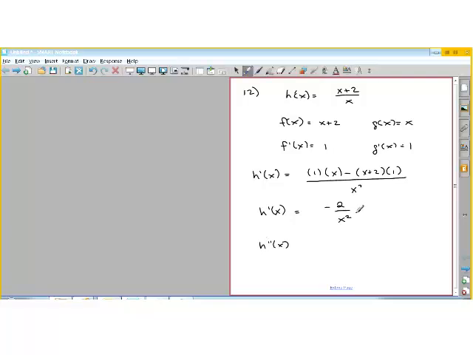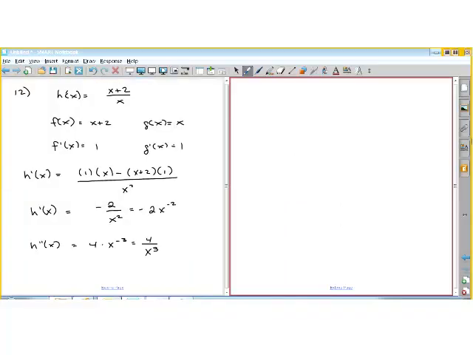Let's go ahead and take the second derivative while we're doing it. That's actually pretty easy because I can rewrite this as -2 times x to the minus 2 power. So the positive exponent in the denominator becomes a negative exponent in the numerator. So then we take the derivative. You take -2 times -2, which is positive 4, times x to the minus 3 power, or 4 divided by x cubed.